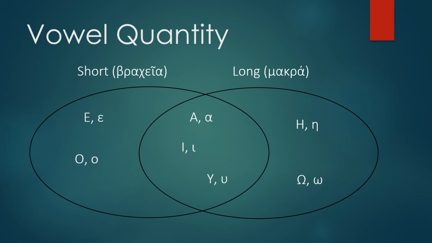Those are separate. But in the middle, alpha can be either long or short. It's not both at the same time, it's one or the other, but the letter itself can be either one or the other. Same with iota and upsilon. So we have the always shorts on the left, brachia, and the always longs on the right, makra.